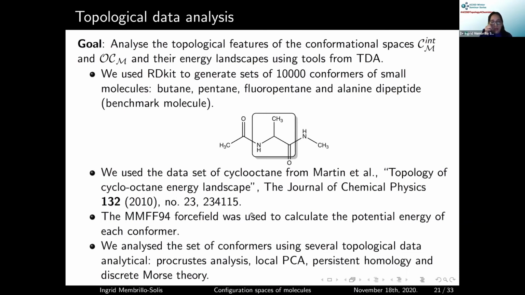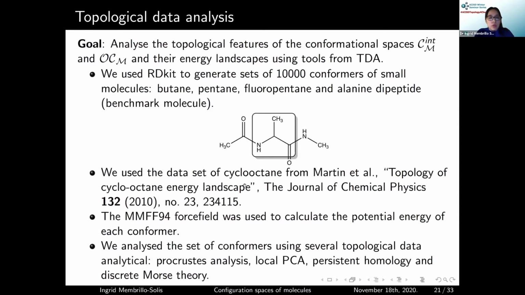And additionally, after obtaining the set of conformers for the given molecules, we calculated the potential energies of each of these conformers. This was in order to study the energy landscapes of the molecules.